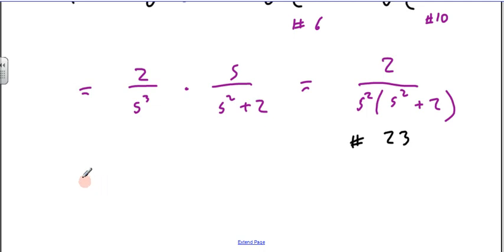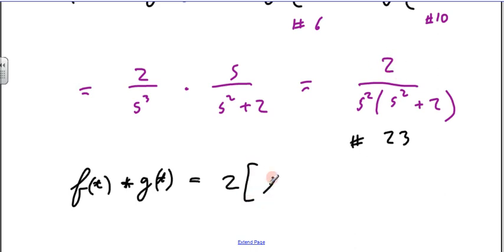And so that being the case, f of t convoluted with g of t is going to equal 2 times (t minus sine t), which checks with the back of the book.